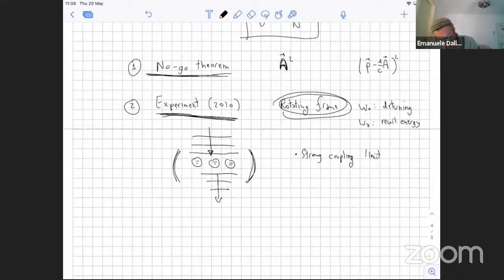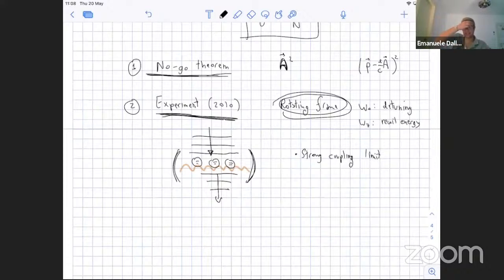Let me use a different color. Let's say in orange, what we have is a standing wave of the light inside the cavity. As we have studied earlier, the force that the lattice applies on the atom depends on the intensity squared, meaning that the distance between two minima of the potential is lambda over 2.